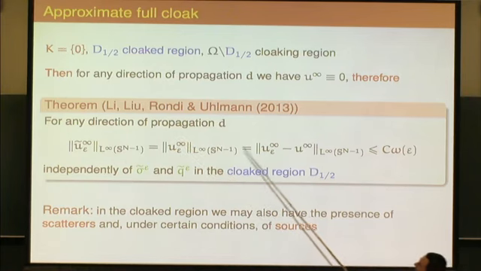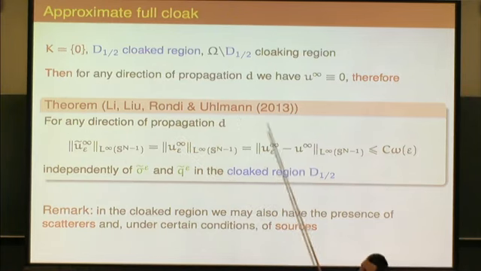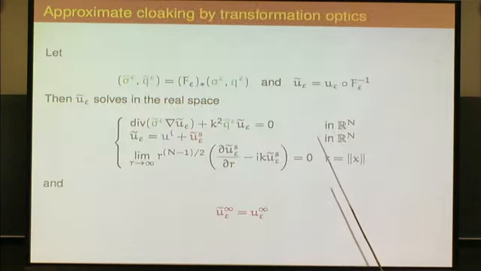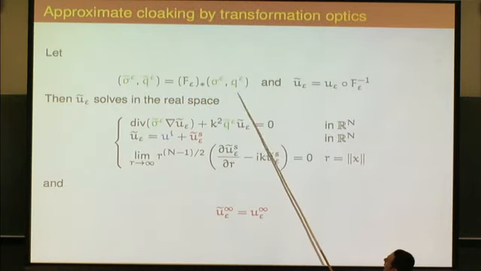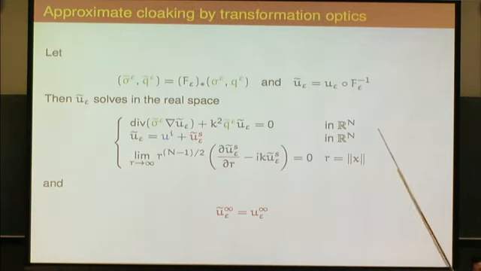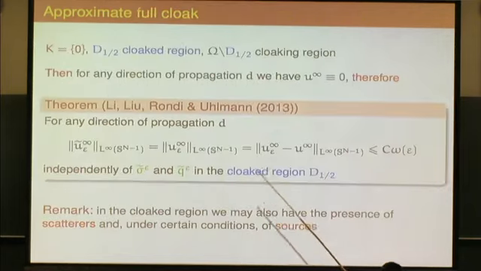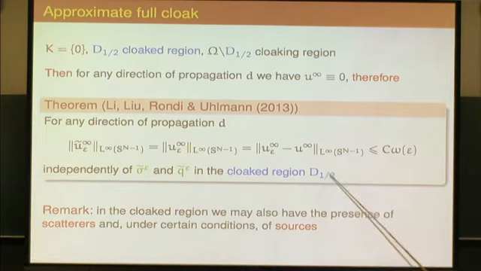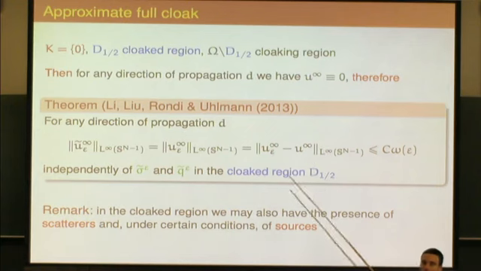And since we have no assumption whatsoever on these coefficients, let me go back one, we don't have any assumption whatsoever on the coefficients sigma epsilon tilde and q epsilon tilde in the cloak region. So now you have a very big cloak region, D1 half, which is a very big portion of space.